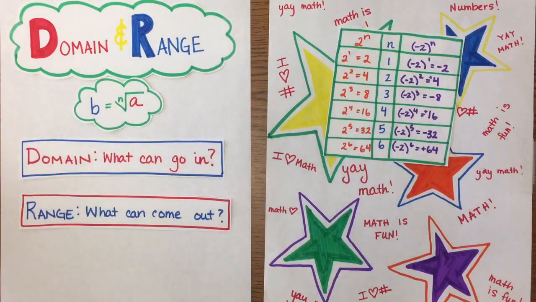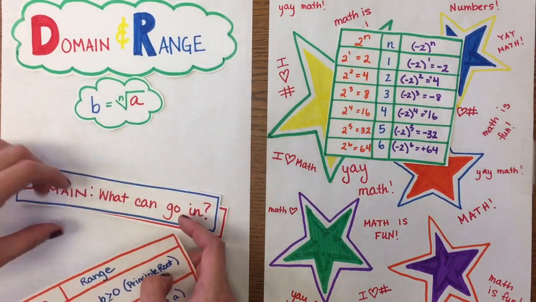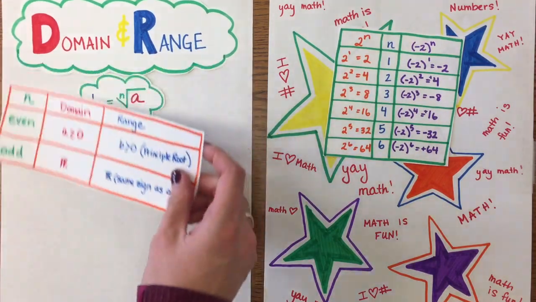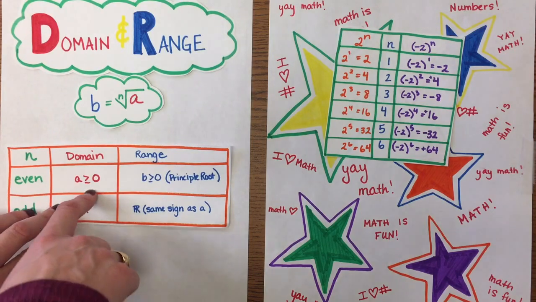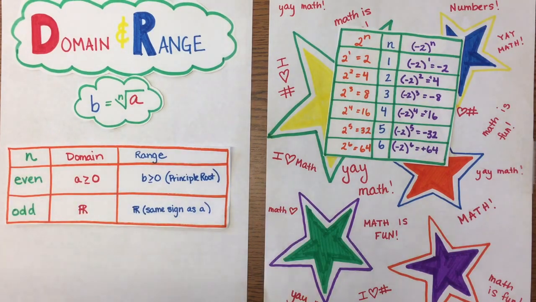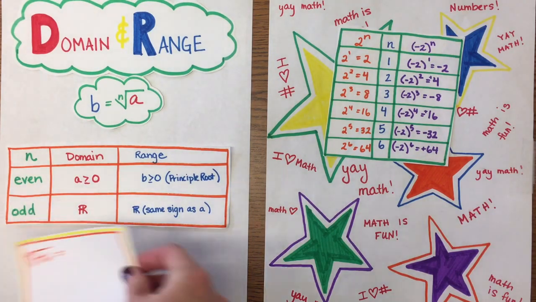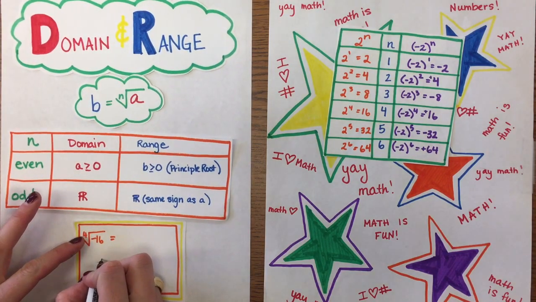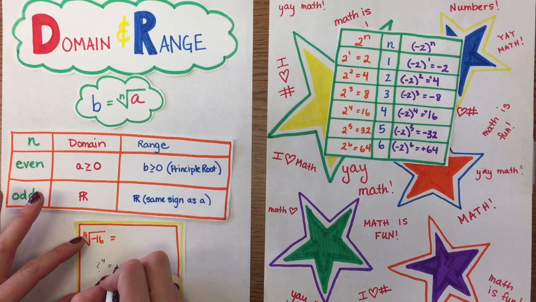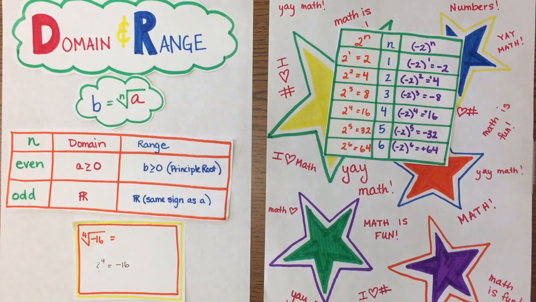What we end up finding is, if I look at even degrees, I can't put a negative number into an even degree. So if I look at something like the fourth root of -16, this is saying what raised to the fourth is equal to -16.